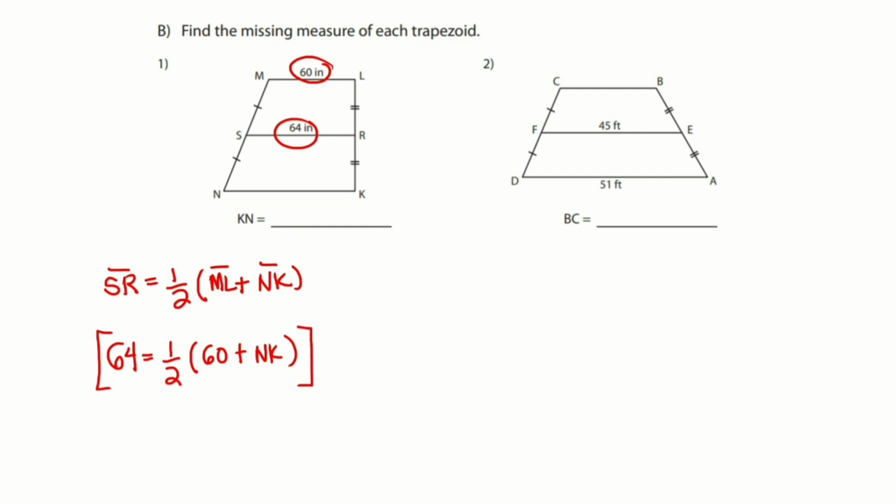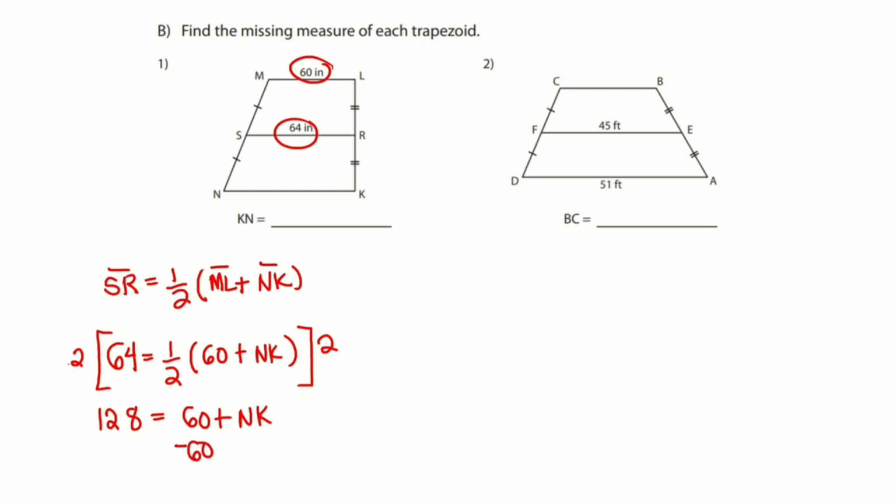So to solve for this, our first step is we will multiply both sides of the equation by 2. So 2 times 64, that is 128, is equal to 2 times 1 divided by 2, so that's cancelled out. What is left is 60 plus NK. And for us to find the measure of NK, we will subtract 60 from both sides of the equation.